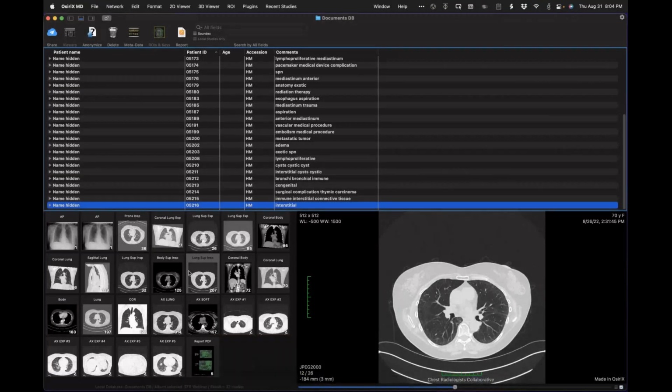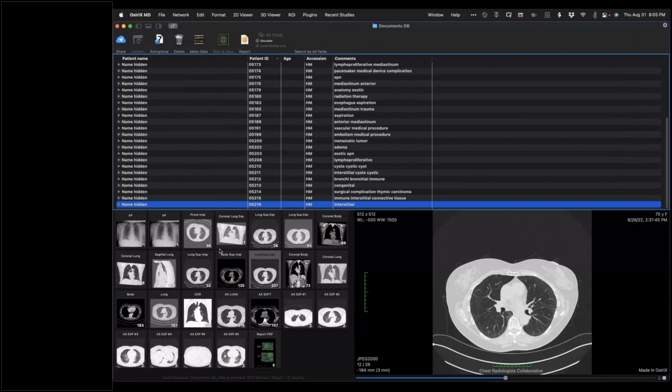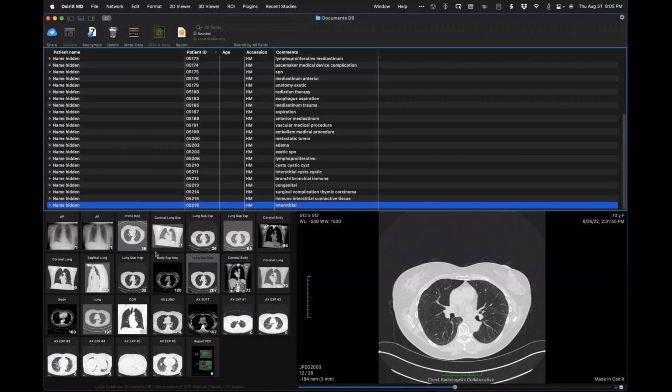Okay, this patient came to us for kind of a second opinion consultation to the pulmonary service. She has already had a surgical lung biopsy for ILD, which I'll show you in a moment.